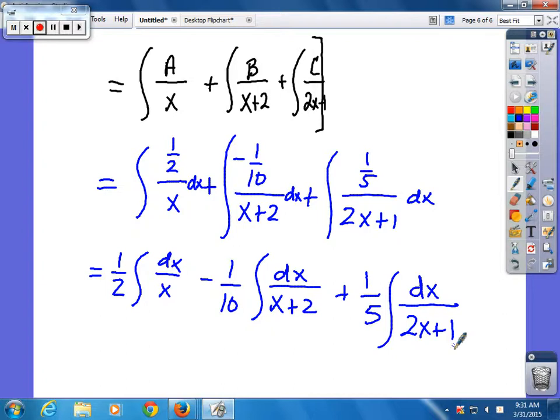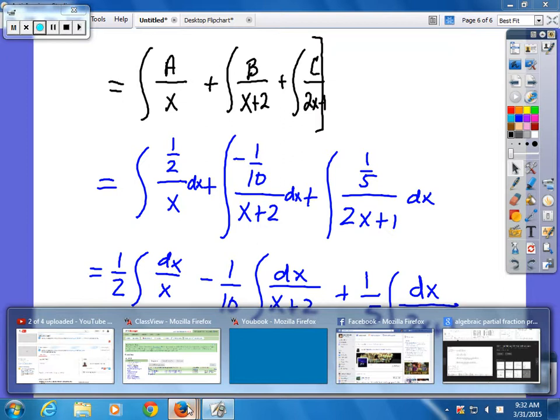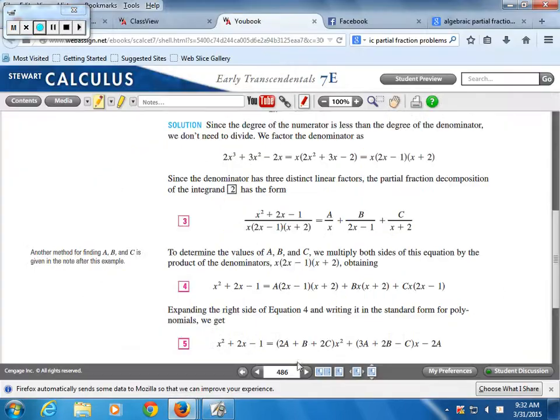I think the first one is du over u. And that's what I was thinking. I don't even think they did it in the book. Where's the book?